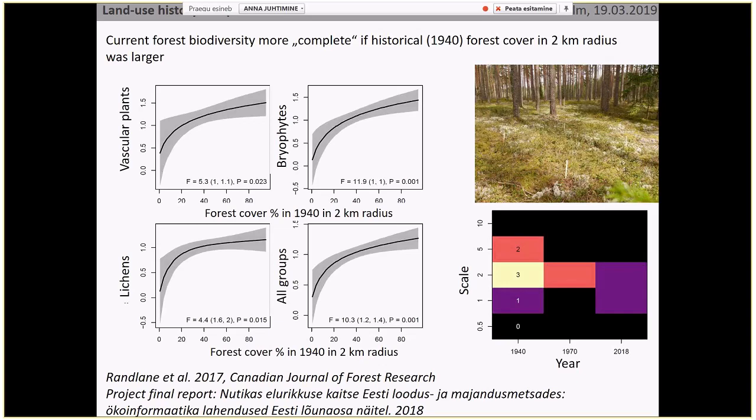We tested different scales and different periods. As you can see in this black box underneath, the colors indicate the most important variables combined, describing the biodiversity of up to 3 groups: vascular plants, bryophytes, and lichens.